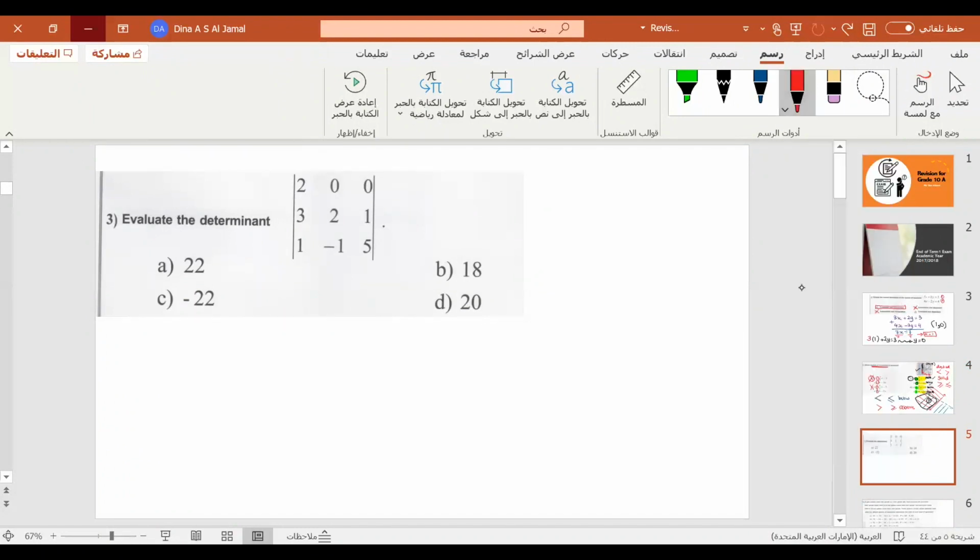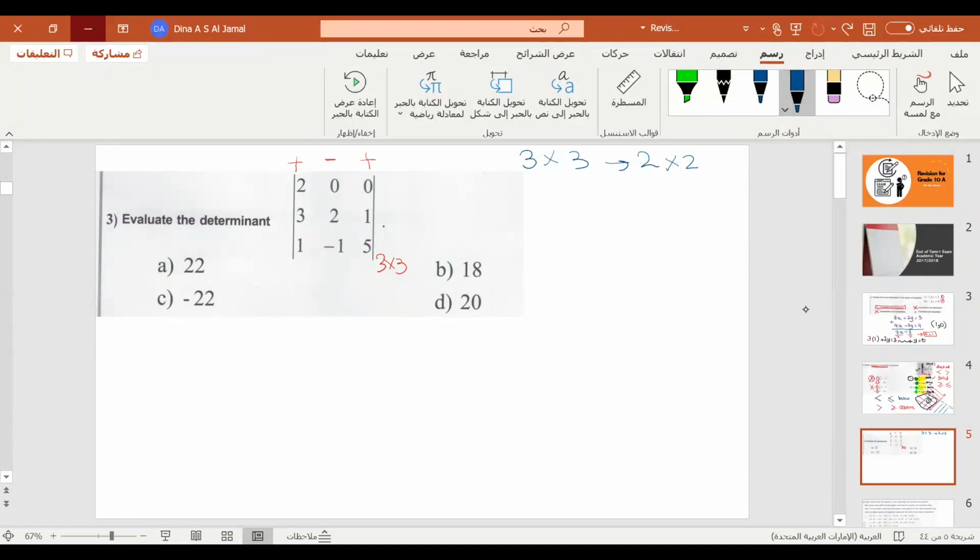So whenever you are having a 3 by 3 matrix, you can go to the first column, put plus, second column minus, third column plus. So in your book, he's solving it using the diagonal here. I will be reducing the 3 by 3 into 2 by 2 determinants. So let's focus here with me.